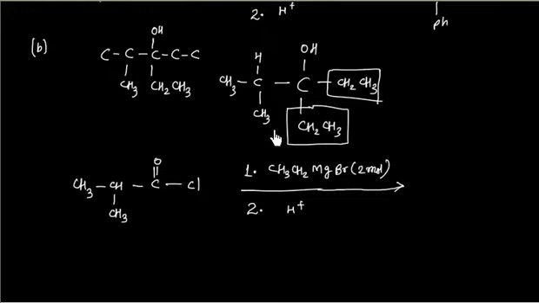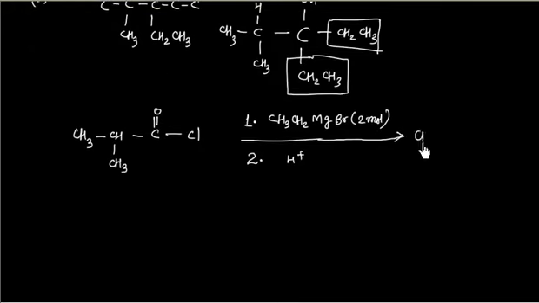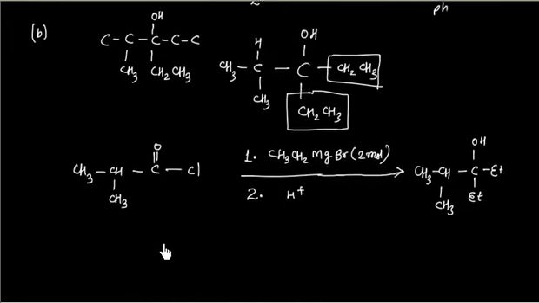So a 3-degree alcohol, this alcohol we will get, CH3, CH, CH3, C OH. On this side we have an ethyl group, this side also we have an ethyl group. So this is a 3-degree alcohol.